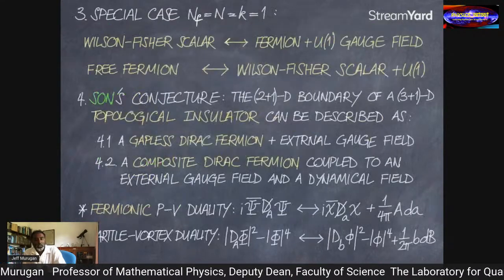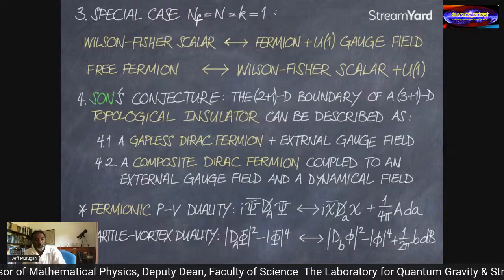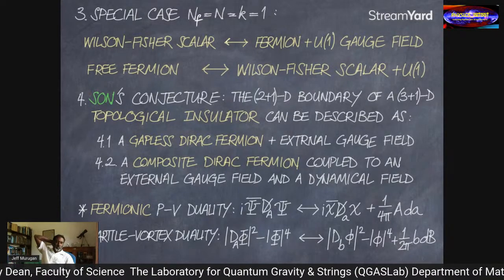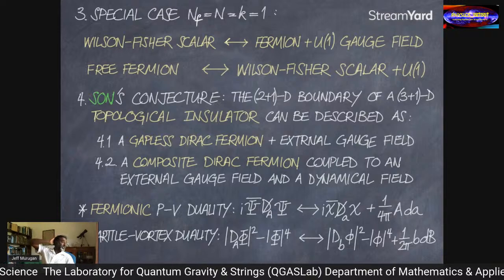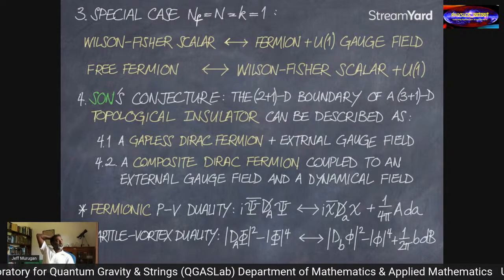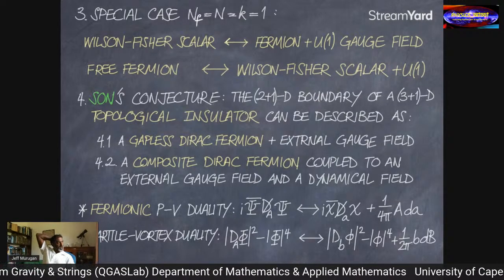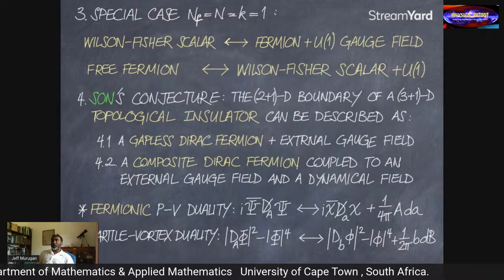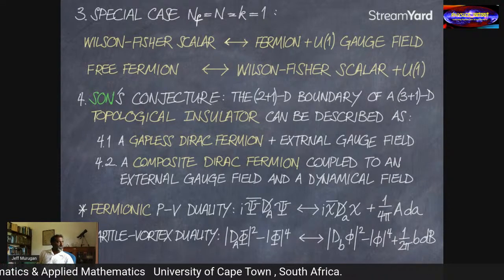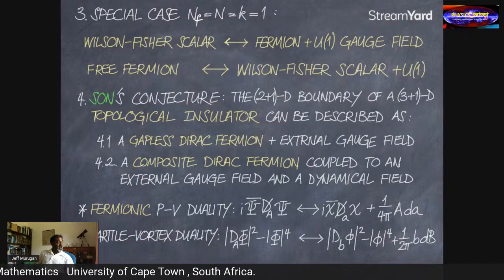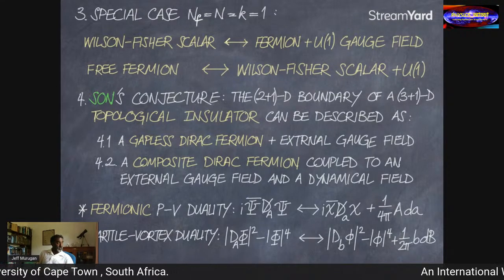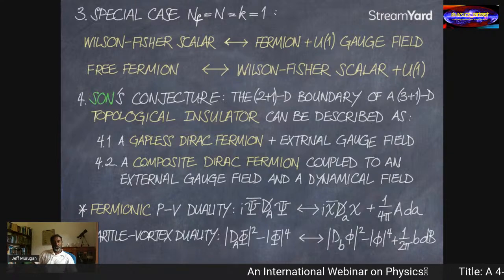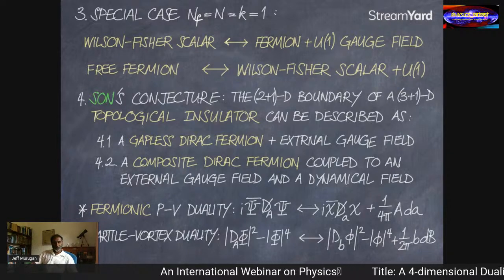Good. So this idea of the fermionic particle vortex duality is something that confused us for a number of years. It was conjectured by Max Metlitsky and Ashvin Vishwanath, who are at MIT and Harvard respectively, back in 2015, to kind of try and understand Son's conjecture and see if they could prove Son's conjecture.